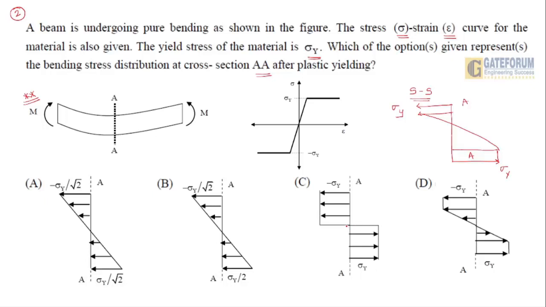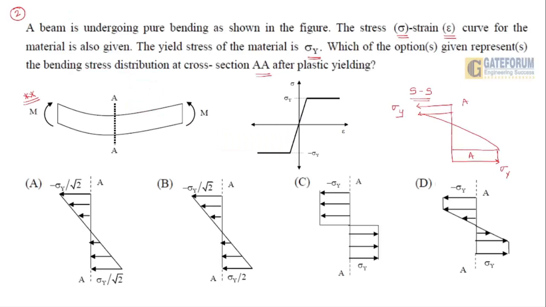This is how you will have your bending moment. Now when the bending moment is equal to or greater than your fully plastic moment, what is going to happen? For fully plastic moment, this is the condition: minus sigma y and sigma y. So obviously you can select the appropriate answer.